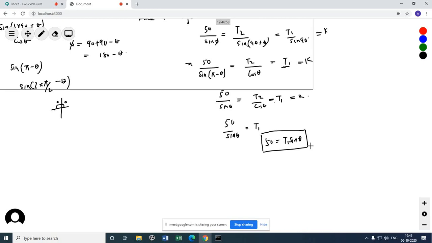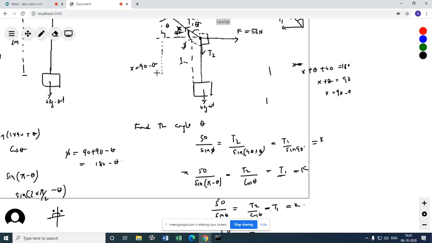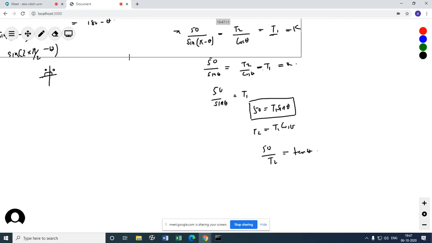I have got it. Now similarly I can write T2 equals T1 cos theta. Shall I divide them? So 50 by T2 is equal to tan theta. Is T2 given to me? Yes, T2 is given to me.